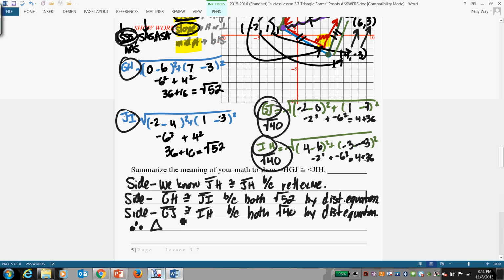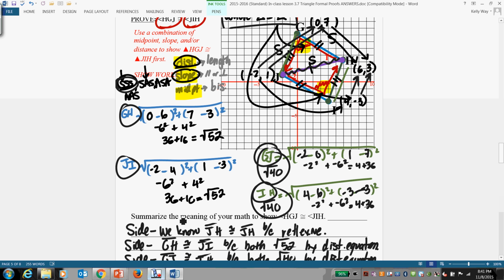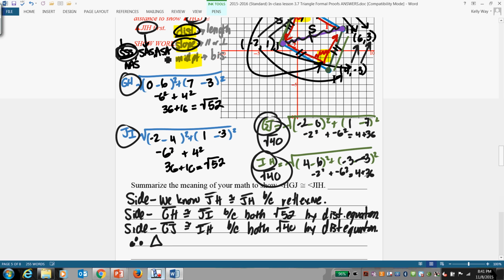Therefore, we know that the triangle GJH is congruent to triangle JIH by side, side, side.